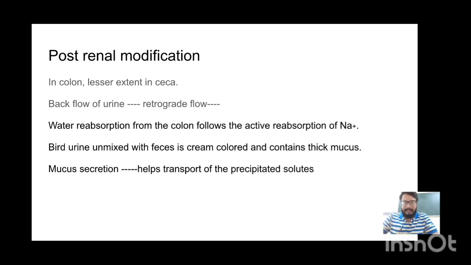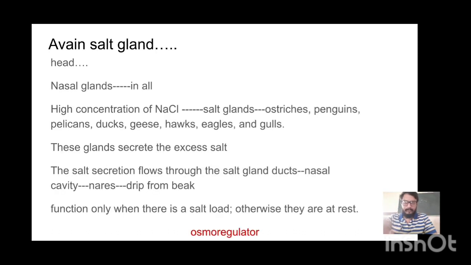Therefore, bird urine, whenever it is unmixed with feces, is cream colored and contains very thick mucus. The mucus secretion is important because it facilitates the transport of the precipitated solute, especially uric acid, so that it can easily flow through the organs.